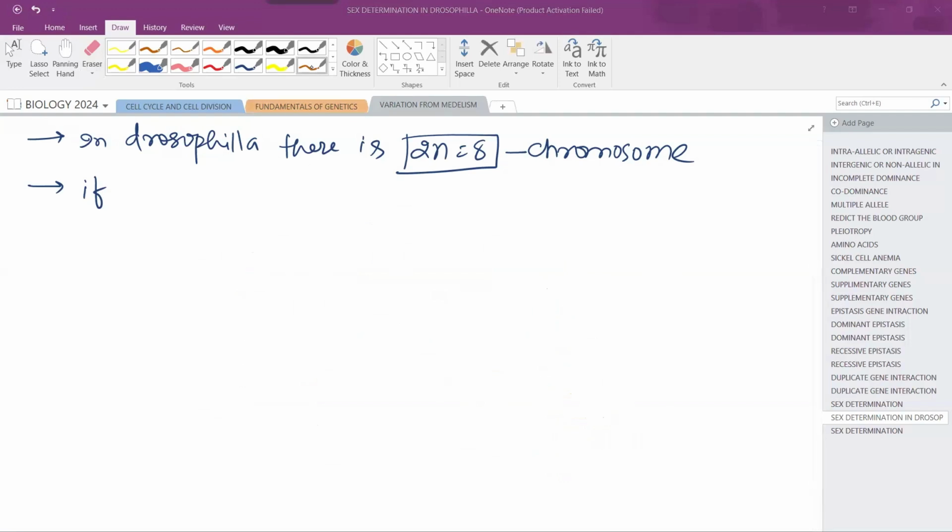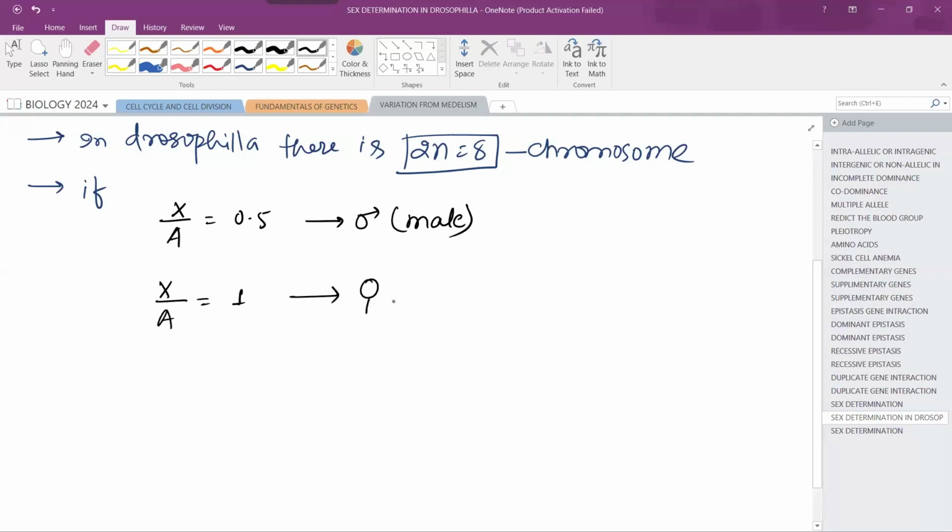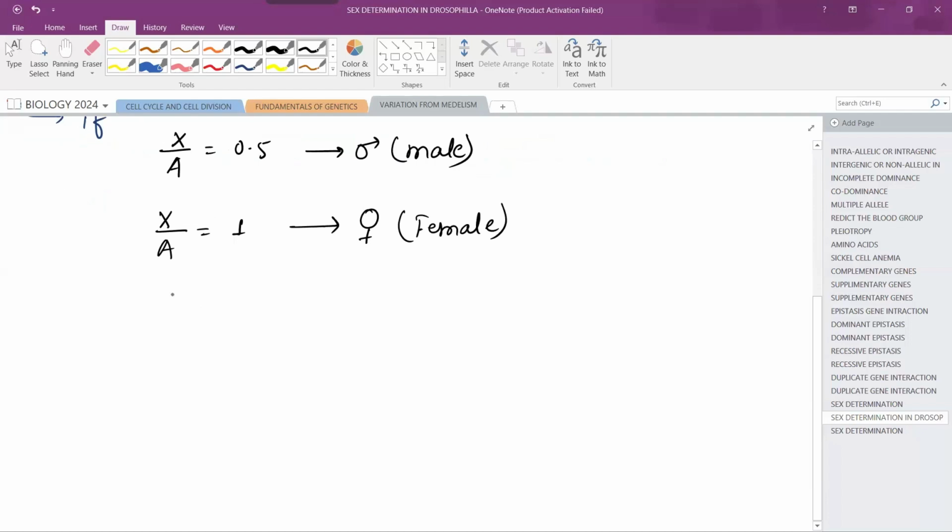If the X to A ratio is equal to 0.5, you will get a male, either normal or a sterile male. If the X to A ratio is 1, then you will get a female. If X to A is in between 0.5 and 1, then you will get a gynandromorph.